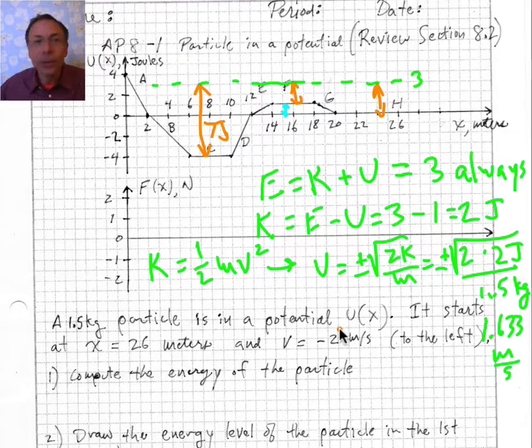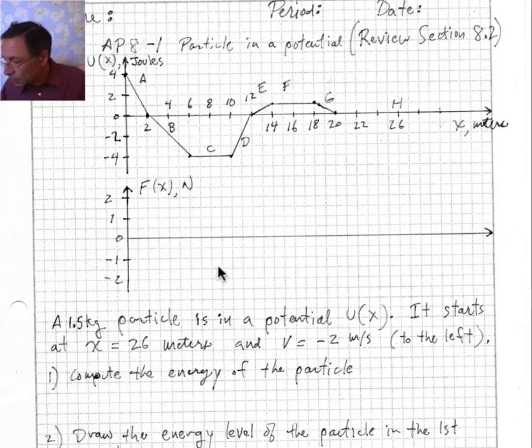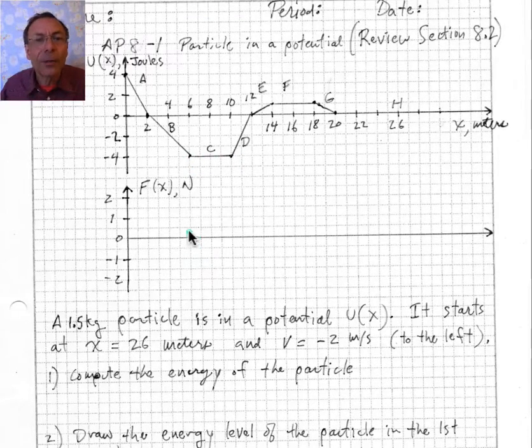Okay, so let's do that. Let's start with the easy parts. Here, the slope is 0, right? So you know that the force from here to here is 0.